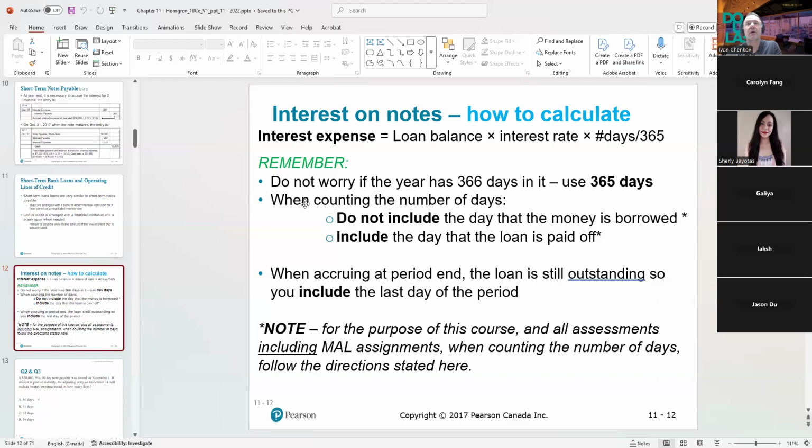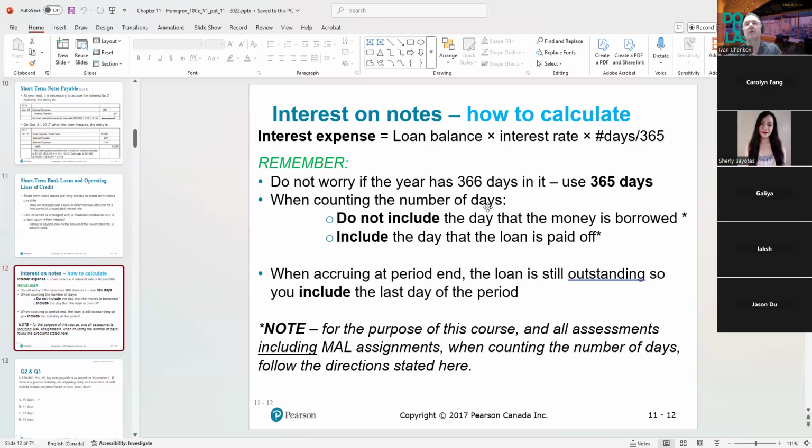What are we going to do when we're counting the days? If it comes to counting days on the questions, which I doubt it will, I'm going to try purposely eliminating the counting of days when I'm setting up the midterm. I'm going to keep it on a monthly basis, but if you have to calculate the days, do not include the day that the money is borrowed, but include the day that the loan is paid.